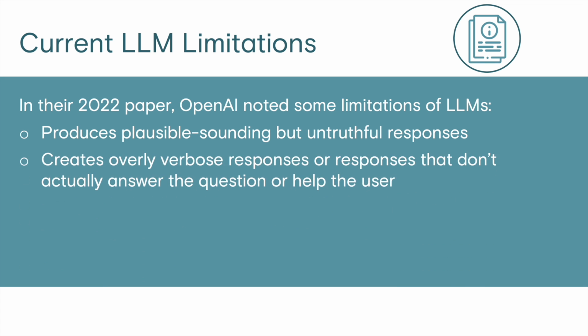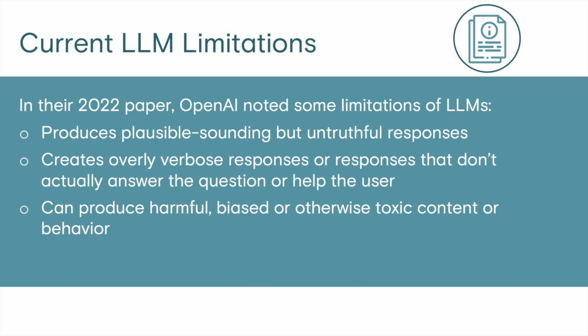Secondly, the model can produce overly verbose responses where they just don't need to be, or it can try to predict the user's intent, but completely miss the mark and give a response that isn't really what was being asked of it. And finally, as might come as no surprise to anybody after learning that the chatbot was trained on data from the internet, the chatbot can produce harmful, biased, or otherwise toxic content or behaviour.